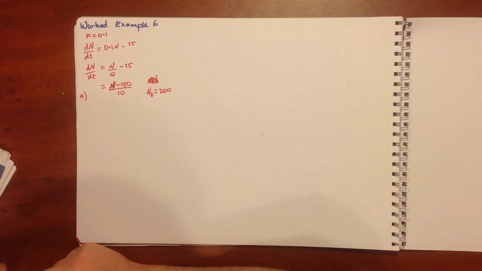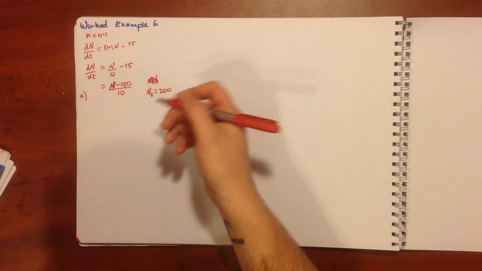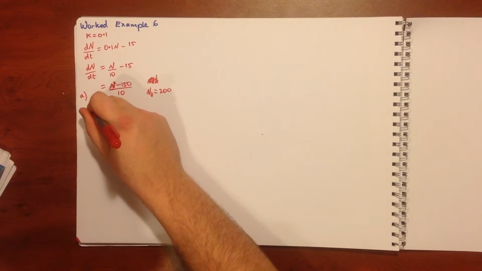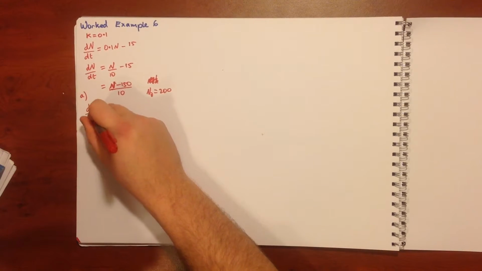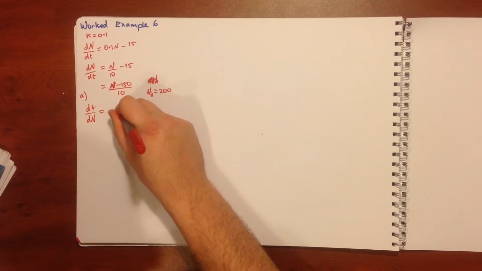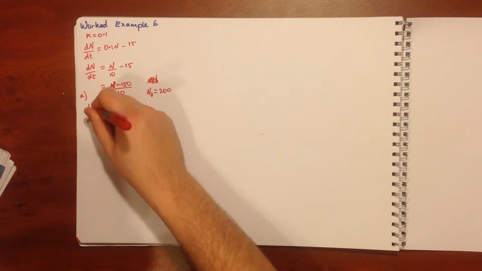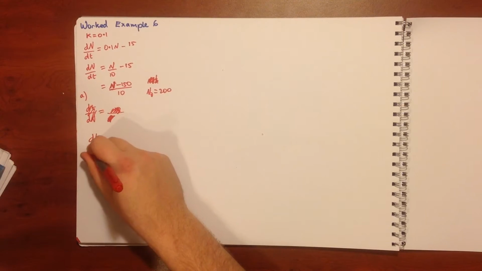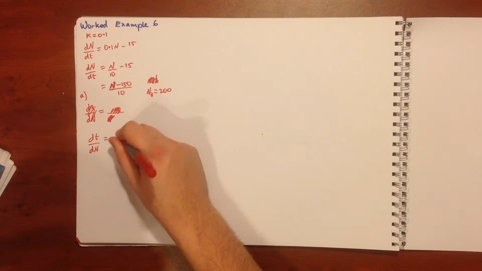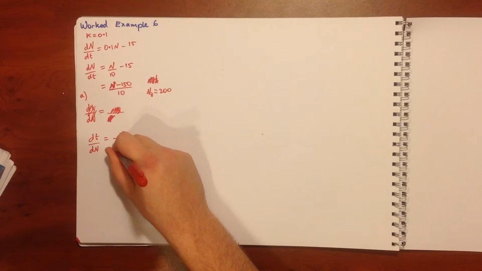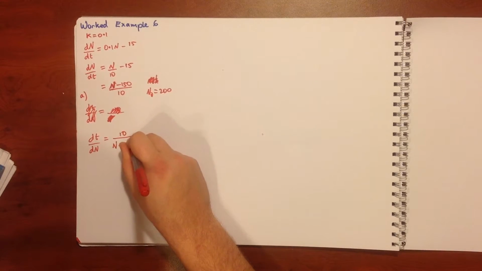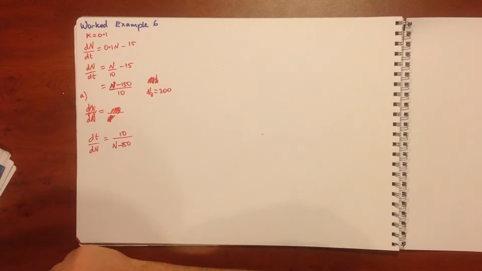In part B, we need to solve the differential equation to express the number of sheep n on the farm after t years. So this is where we're going to flip it and say our dt dn is going to equal 10 over n minus 150.